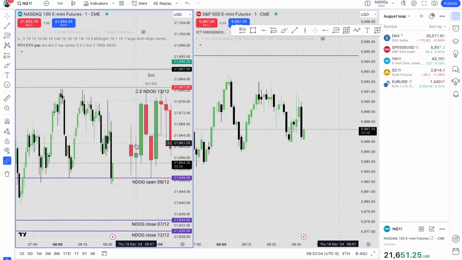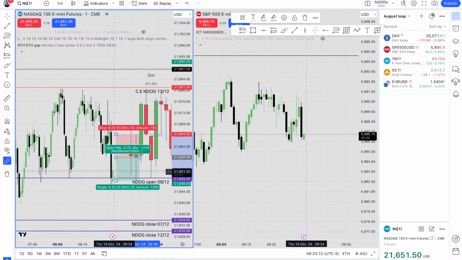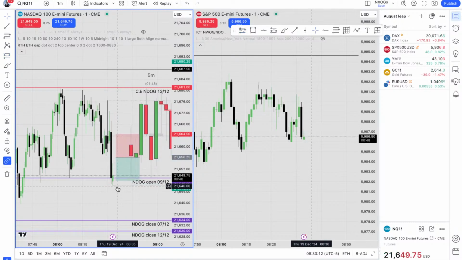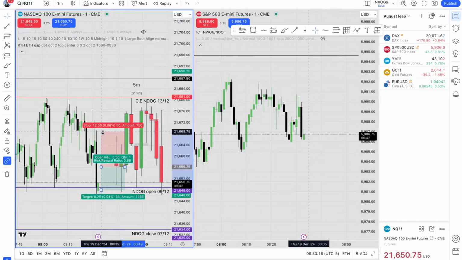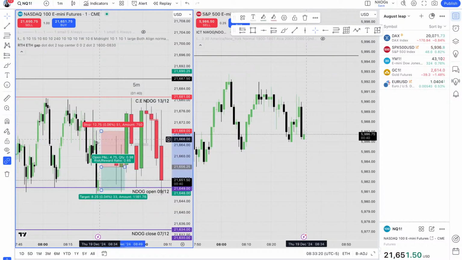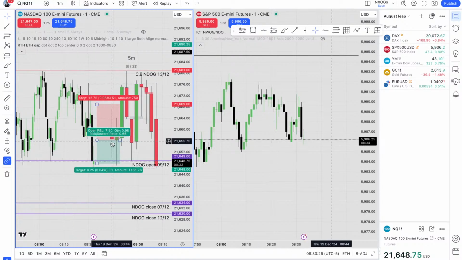Probably a small one, but that won't do. It took these lows here. You'd want to put this here. I don't know, I don't want to go short right now.